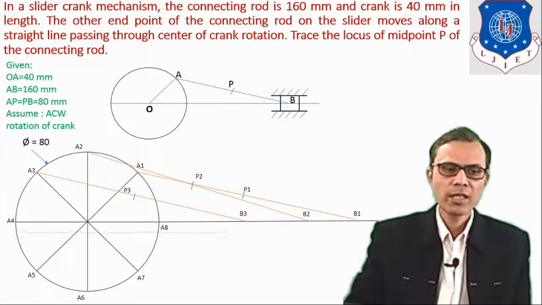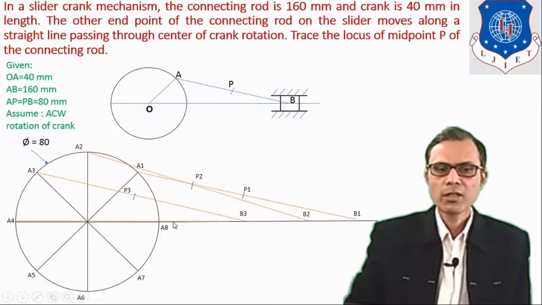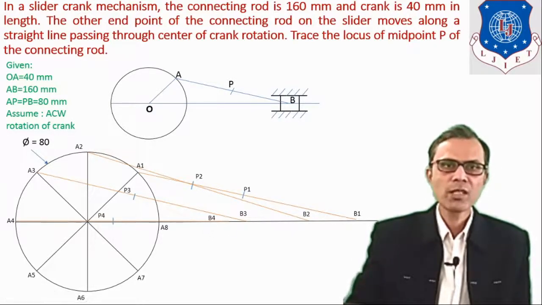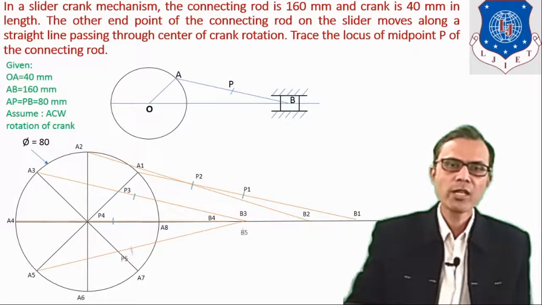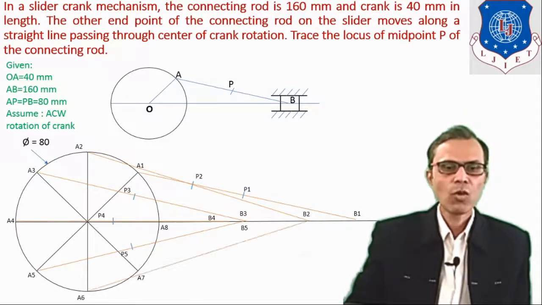Next position is A4. So from every position of the crank we have to take compass size equal to 160 mm and draw an arc on this path of the slider. So we will get different positions of the slider corresponding to different positions of the crank.